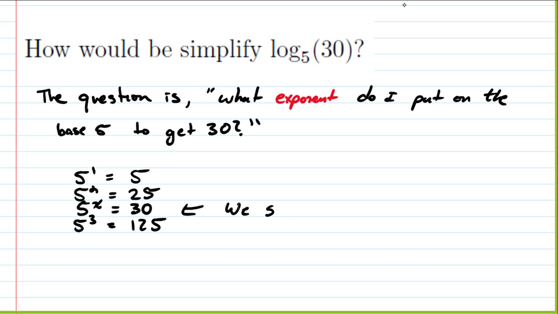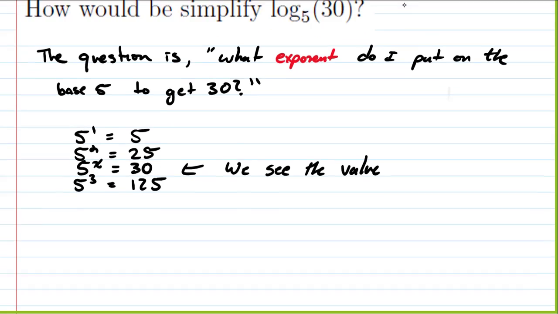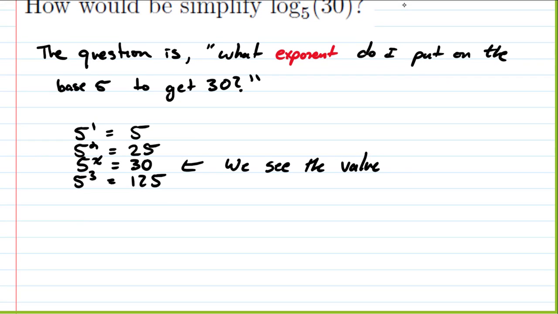So we see the value is in between 2 and 3. So we're going to have to come up with another method to help us find what that is exactly.